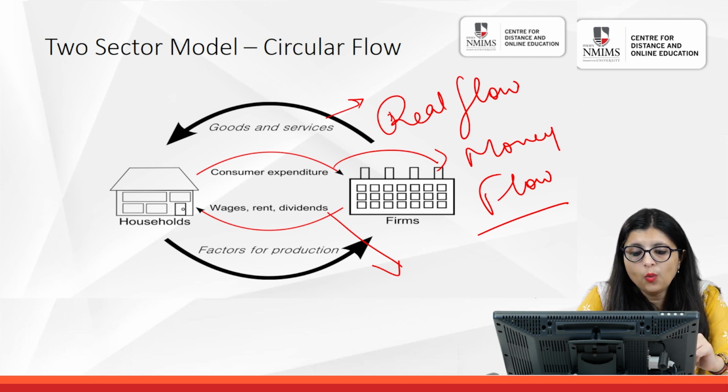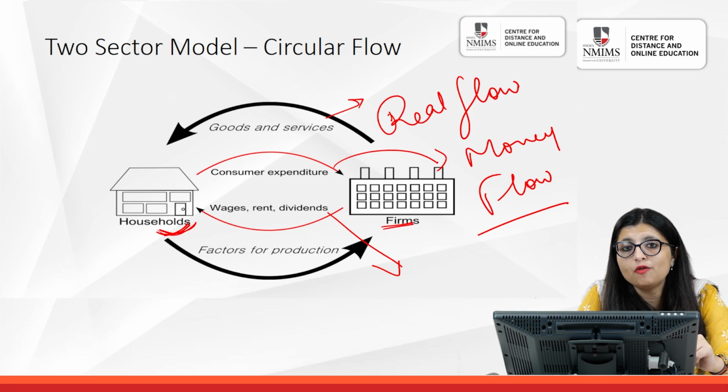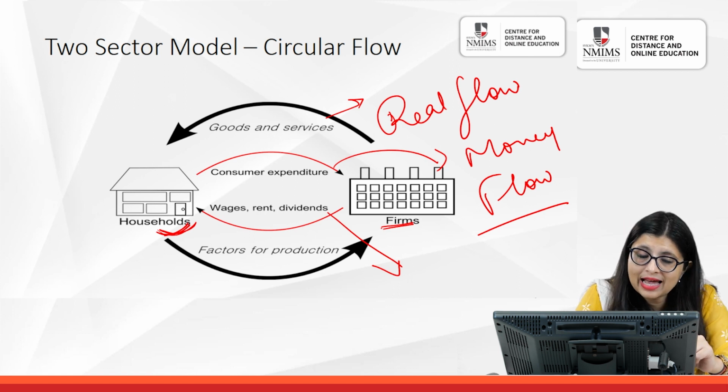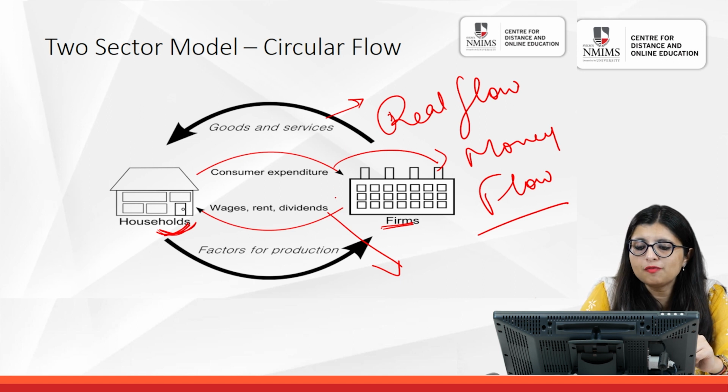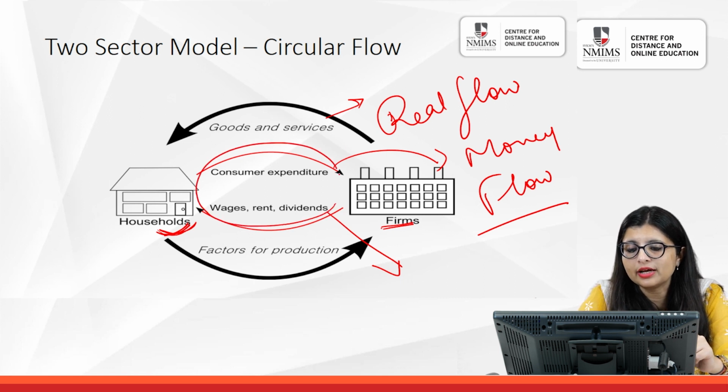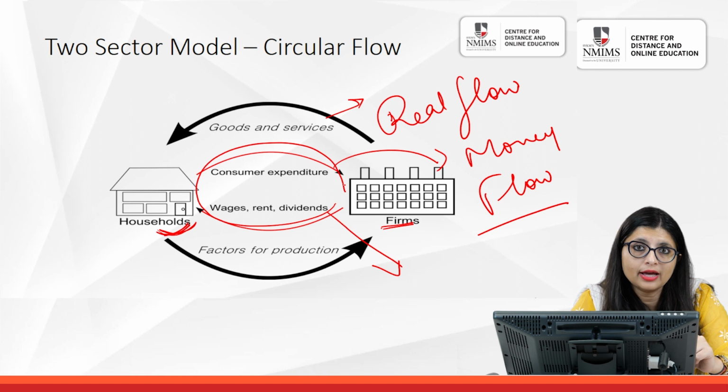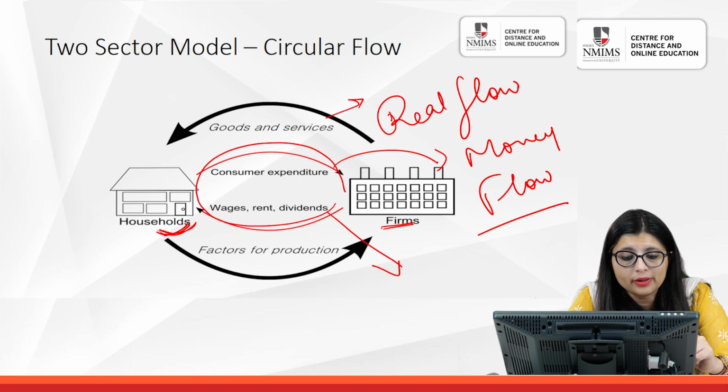That means when the household is providing skills to the firm, or entrepreneurial skills maybe, the firm in return pays back in the form of rent, wages, salary, dividend, etc. And hence money is circulated in a circular fashion, creating a flow between household and firm.